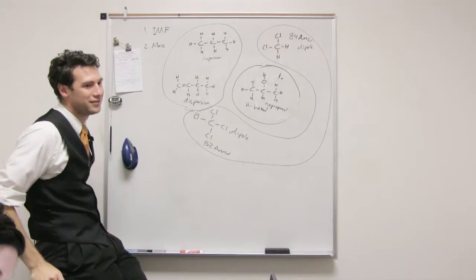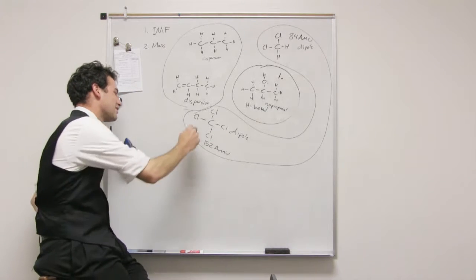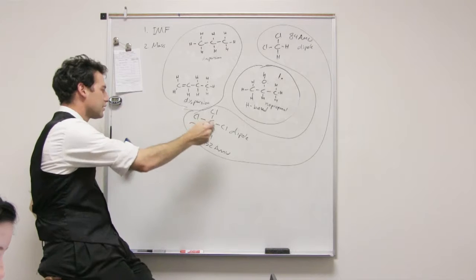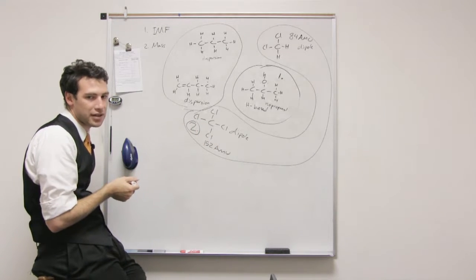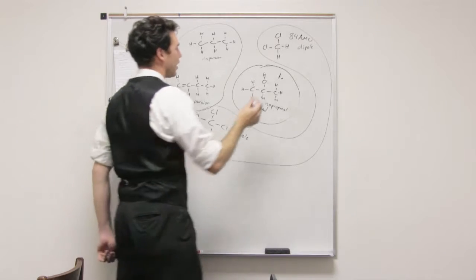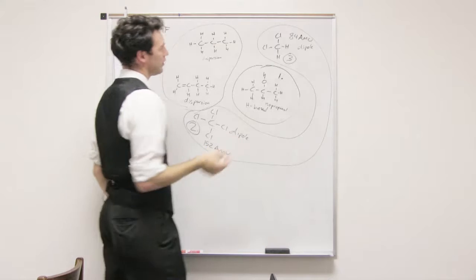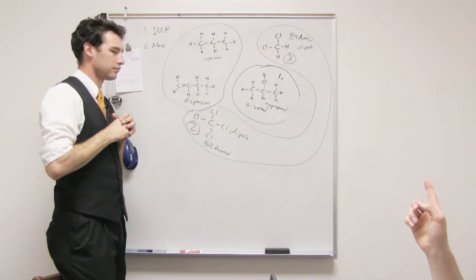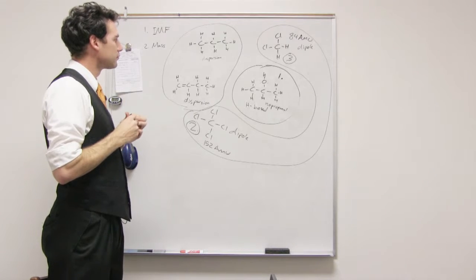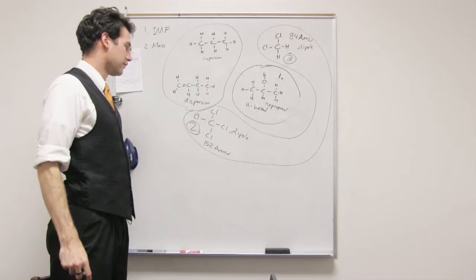So which one's heavier? Definitely that guy. So this guy is second because he has a dipole and he's pretty massive. And this guy is third because he has a dipole and he's also somewhat massive. That one is dichloromethane.